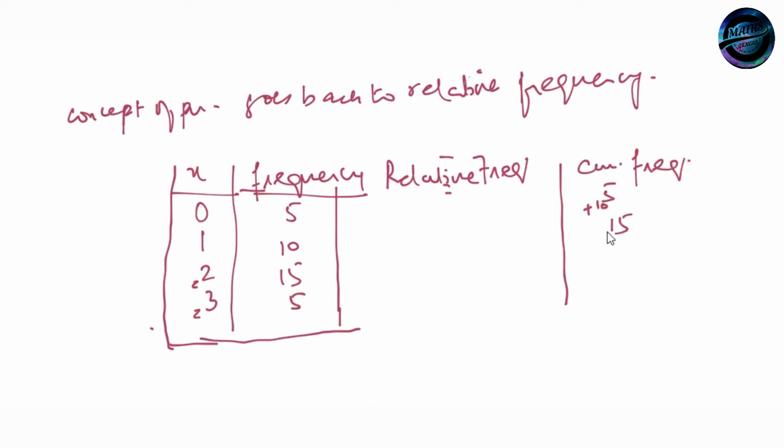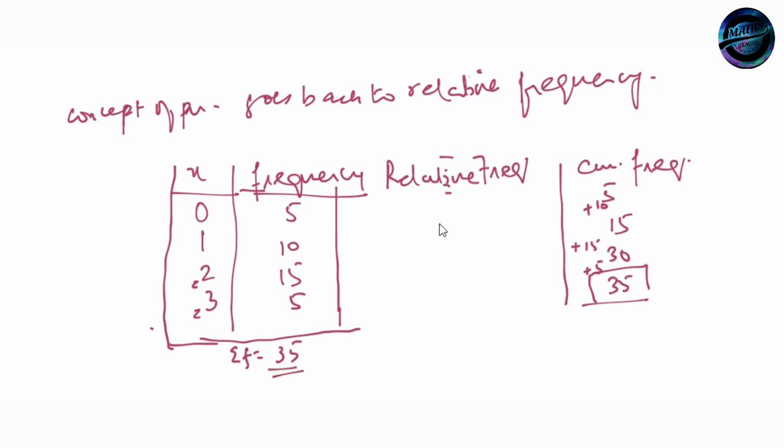Addition of the next one. 5 plus 10 is 15, 15 plus 15 is 30. And similarly, for the fourth one, 30 plus 5 will become 35. So overall, the total frequency is 35, and the notation for that is sum of f equals 35.